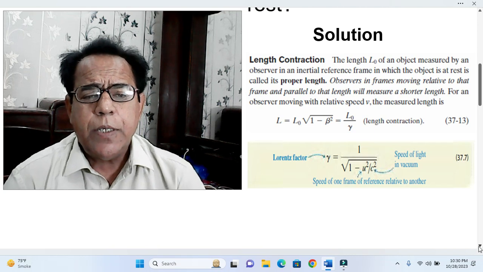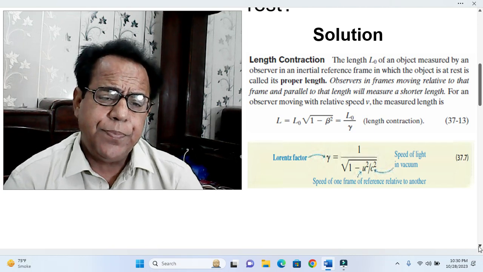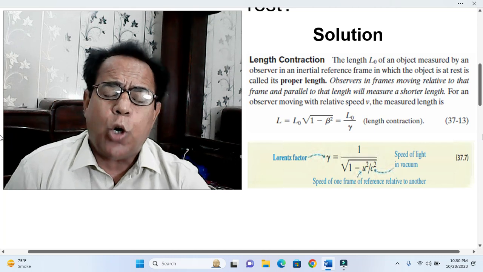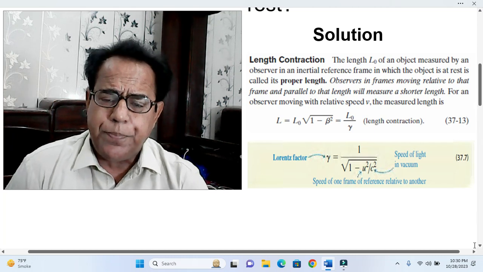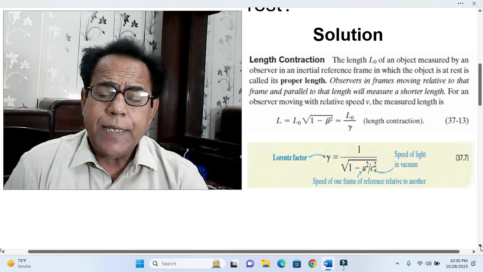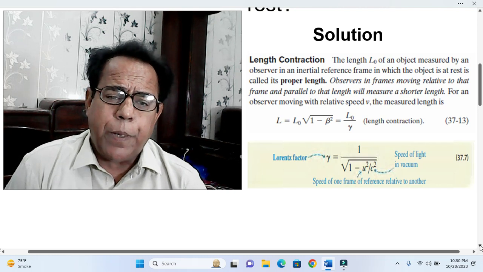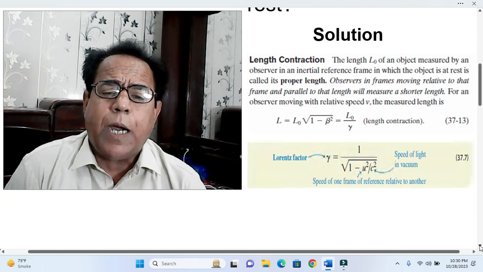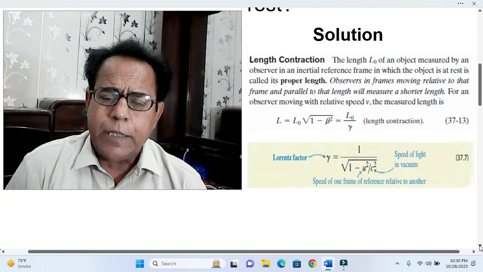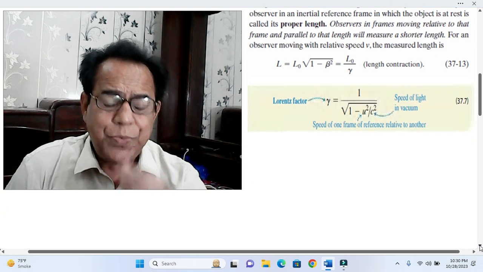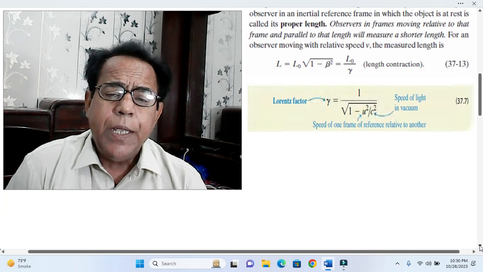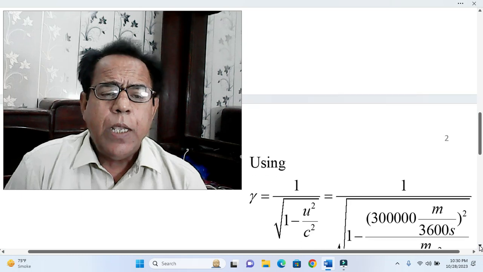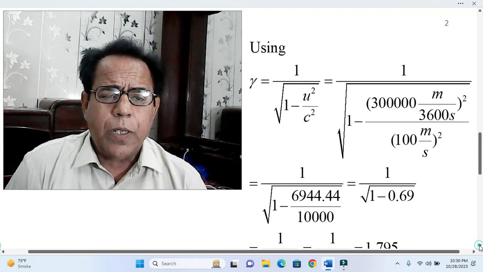The first snapshot is about length contraction, and because this snapshot has been discussed in the previous problem, we just include this snapshot in this problem because it is also relevant in the same way as it was relevant in the previous problem, but we do not discuss it in detail. Similarly, the second snapshot, which is about Lorentz factor, has also been included in several various problems, so we also skip it. Okay, now we come to the solution in a proper manner.